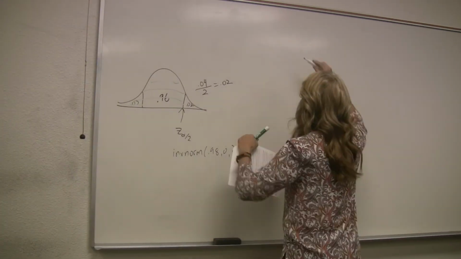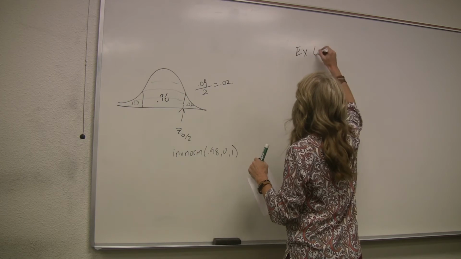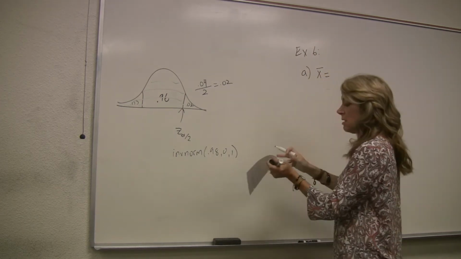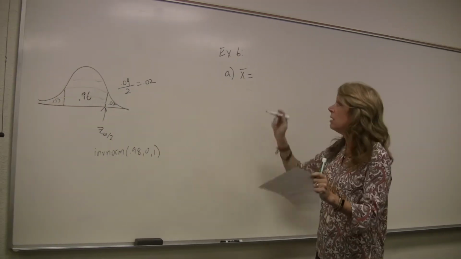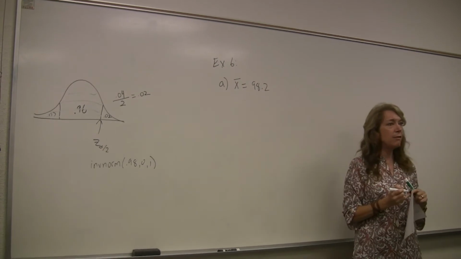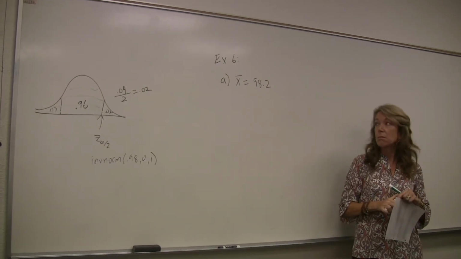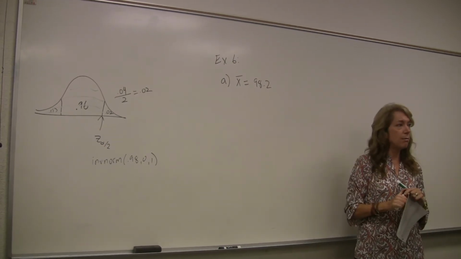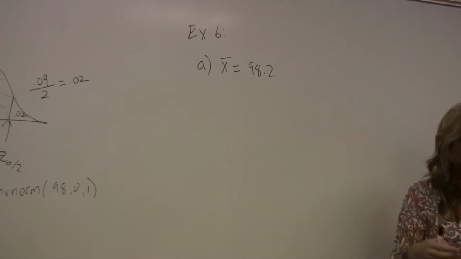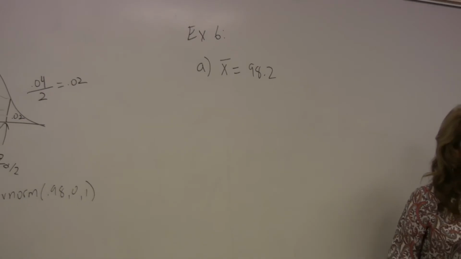We're estimating a mean. So X bar, which they gave us, what was X bar? 98.2. So we're saying that's our best guess for what it'll be for the population. Then we're going to add and subtract to get our confidence interval. But the point estimate is always either your p hat, your X bar, whatever it might be. In this case, it's the mean.